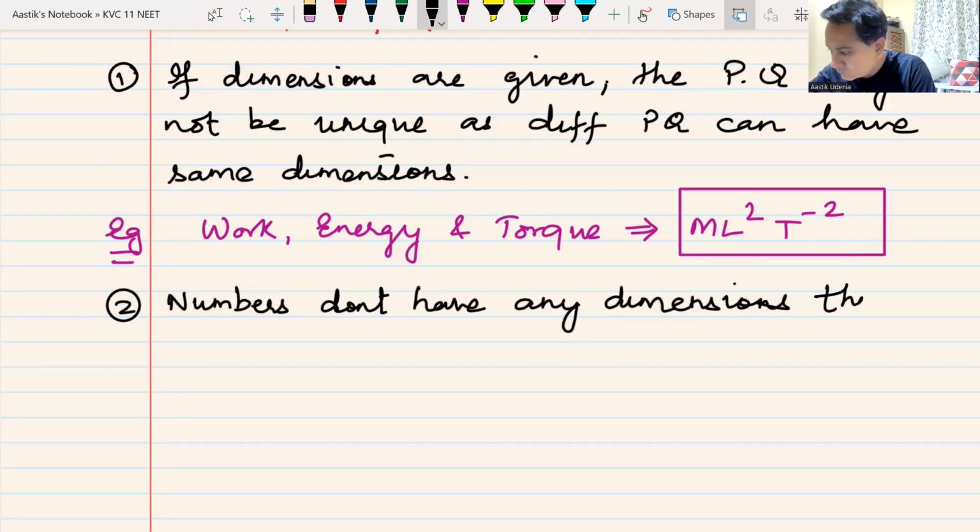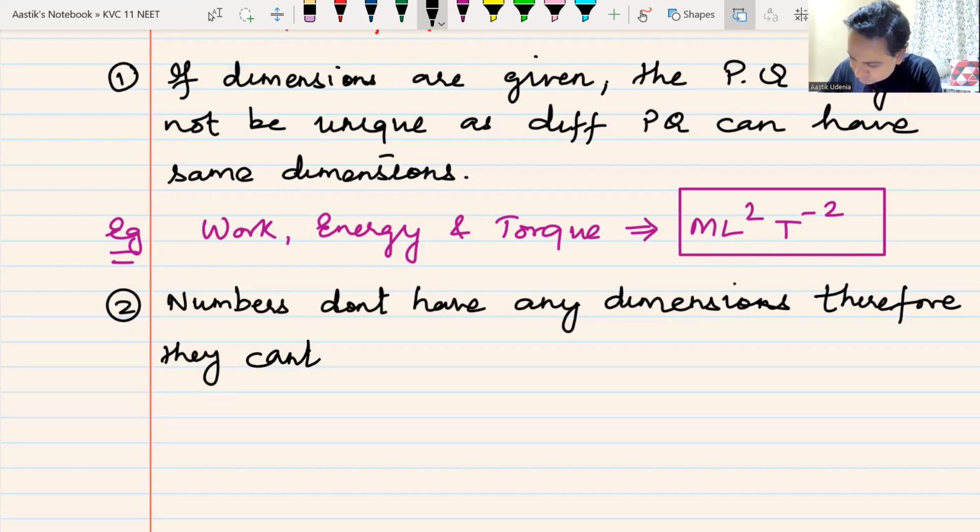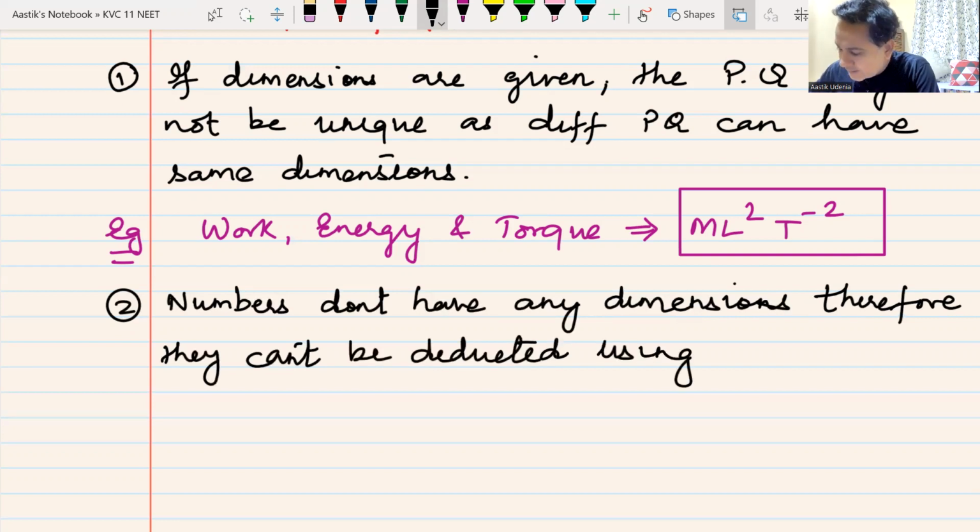Therefore, they cannot be deduced using dimensional analysis. Numbers do not have any dimension.